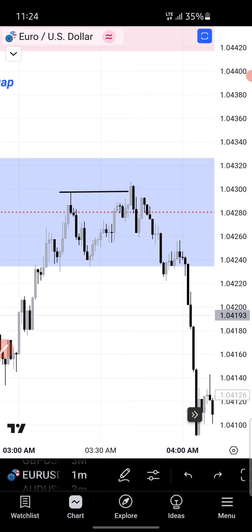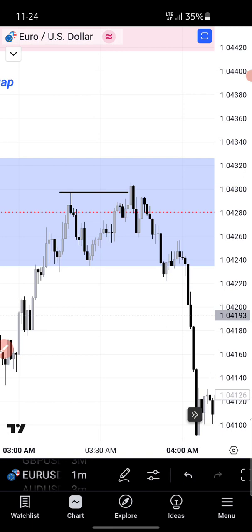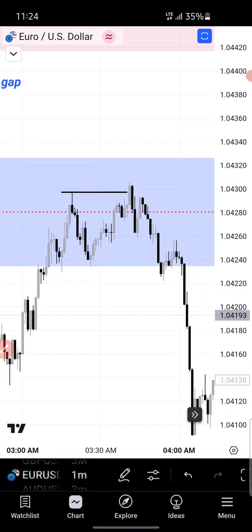Price took that high right there. This was also a sweep of liquidity. Now price is fractal. That means everything you see happening in the 15 minutes can also happen in the 5 minutes, in the 1 minute, because price is the same.